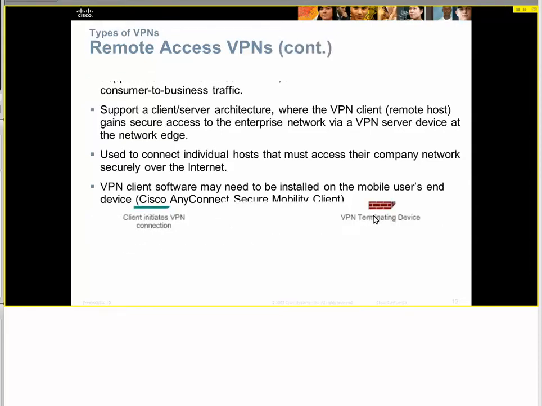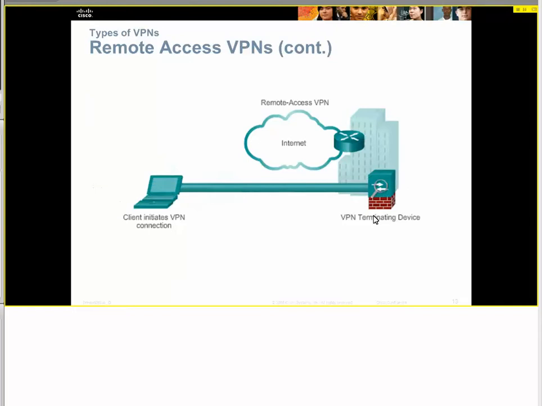This is what a remote access VPN would look like, where we have a client that initiates our VPN connection through our public network to a VPN terminating device, your router, your firewall, your ASA device, or a server, whatever it happens to be.